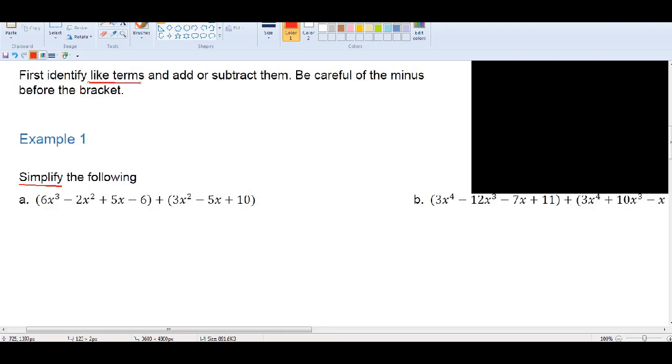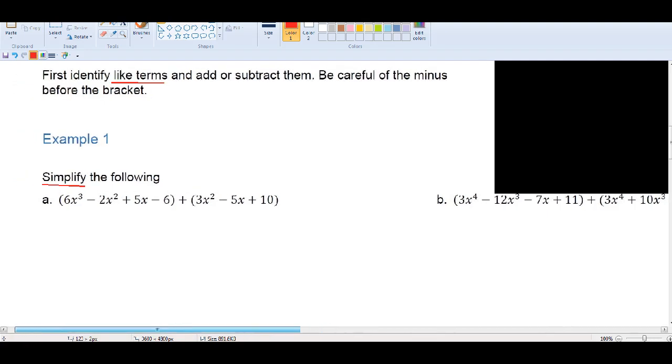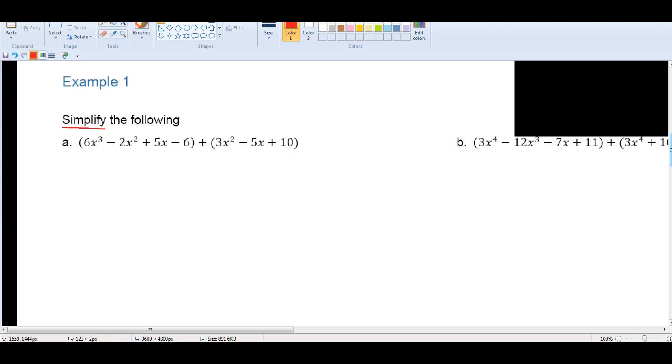If you still remember, you need to identify which term is a like term with another term, and then you can only add up or take away like terms. If they are not like terms, you can't do the addition or subtraction. Okay, so let's see.